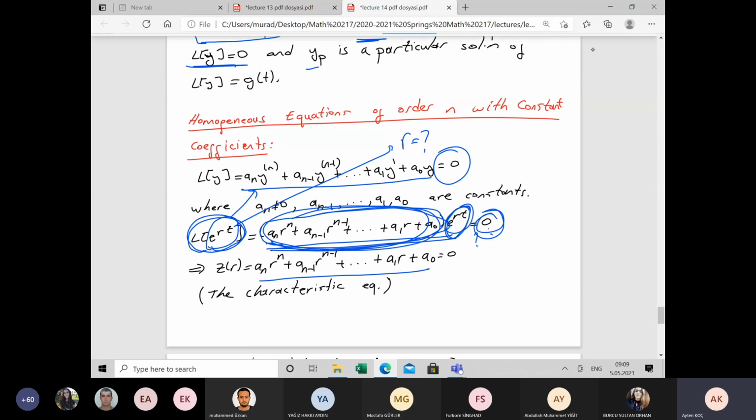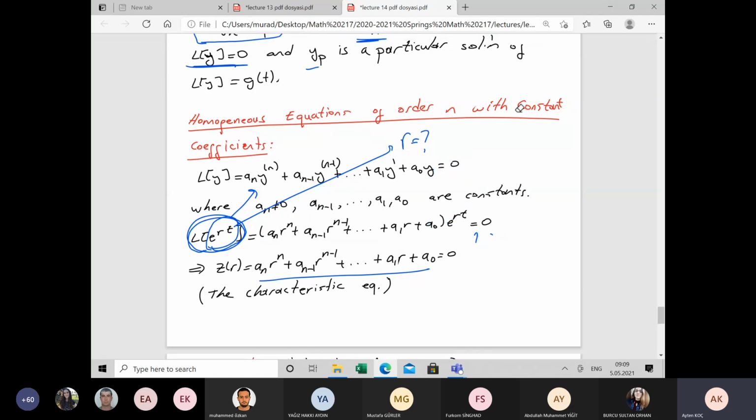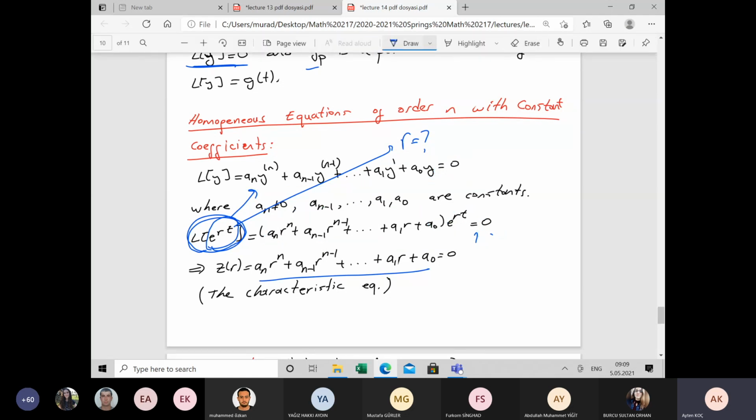This first part, as in the second order linear differential equation with constant coefficients, is called the characteristic equation.